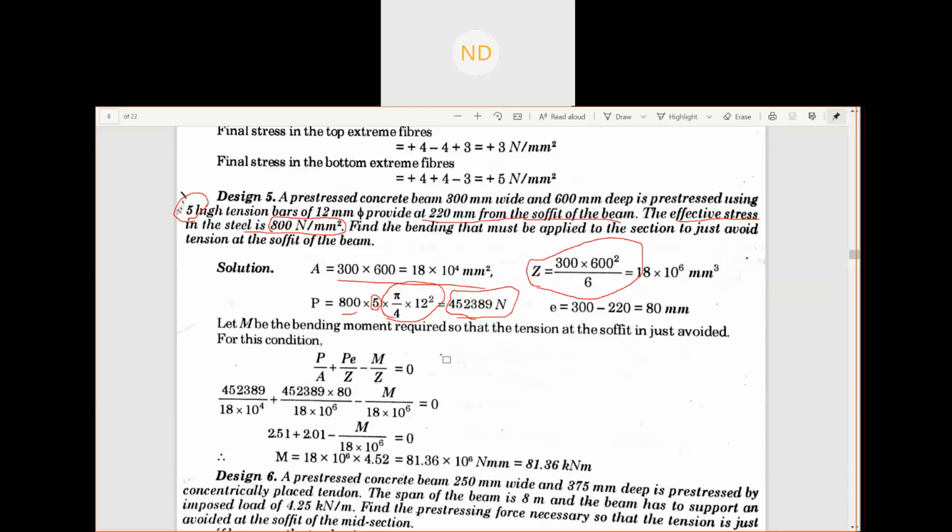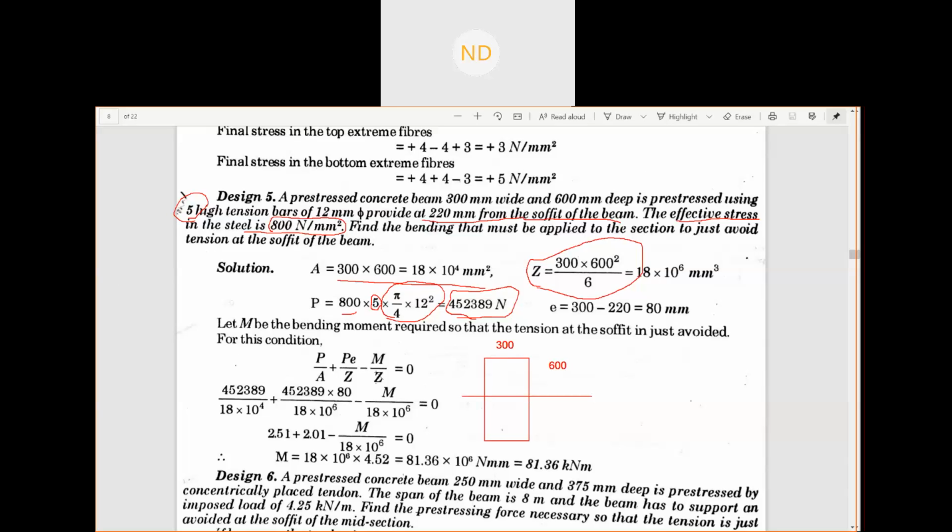From the soffit of the beam, so what happens is this is your section here. Here it is 300, here it is 600. Your center is supposed to be somewhere here.